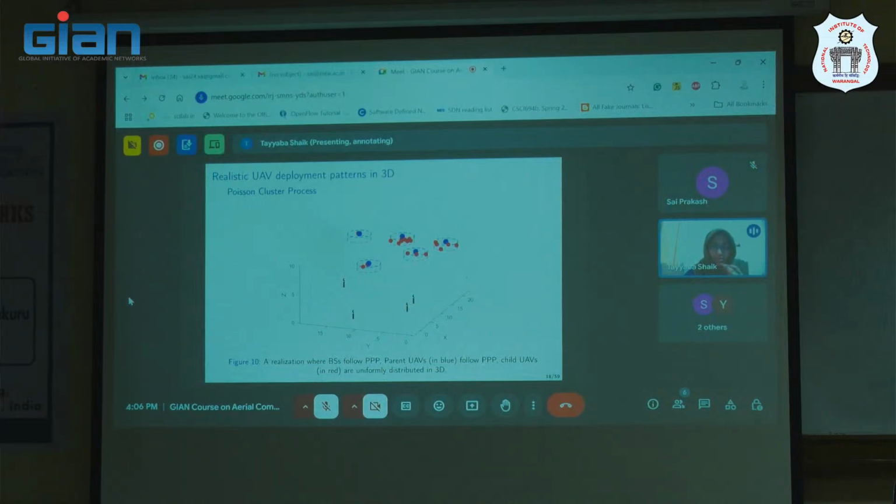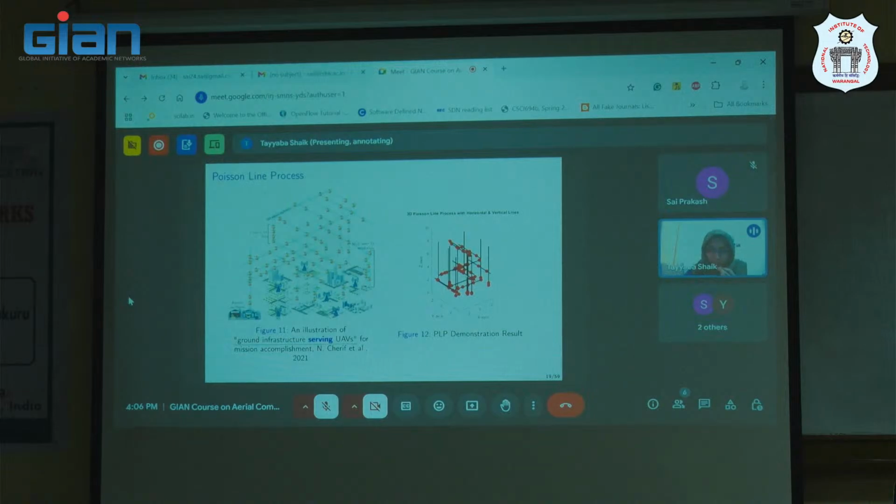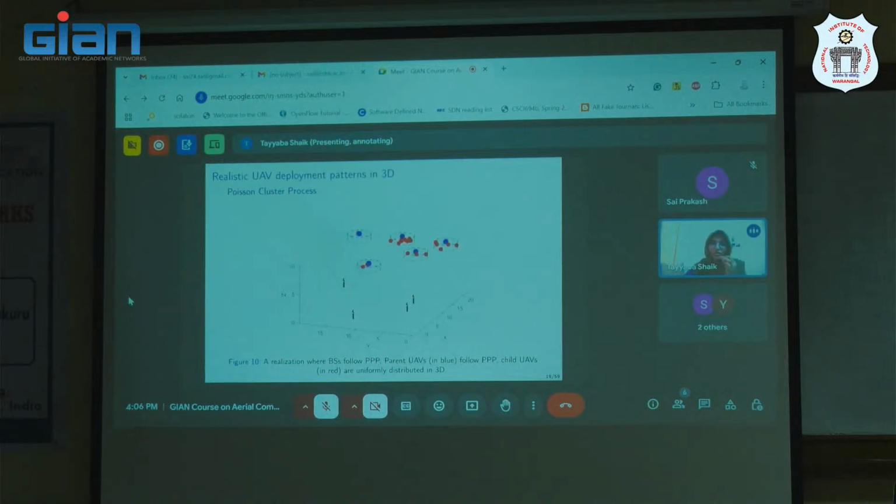One is a Poisson cluster process, and the other is a Poisson line process. We'll start with what a Poisson cluster process is. Let me formally introduce what a Poisson cluster process is.